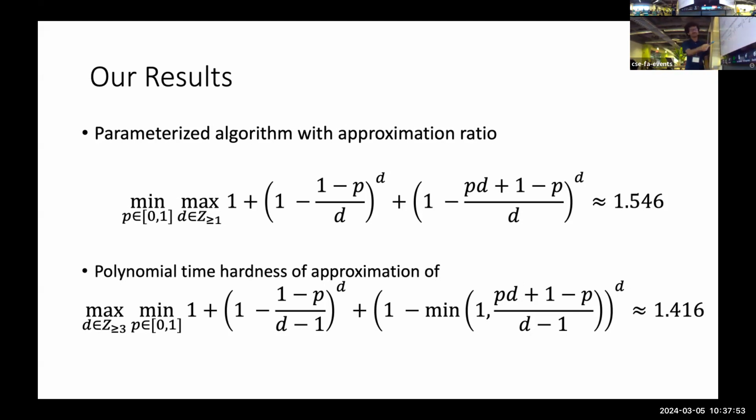So if you replace this d minus 1 by d, in fact, these two expressions are exactly the same. And the min max and max min of these expressions is exactly the same. So the 1.54. So if you could turn, let's say, d minus 1 to d magically, then these two numbers are exactly the same.